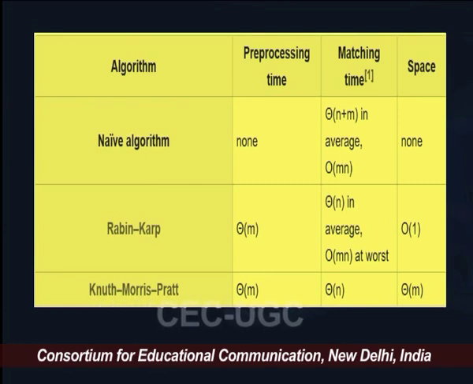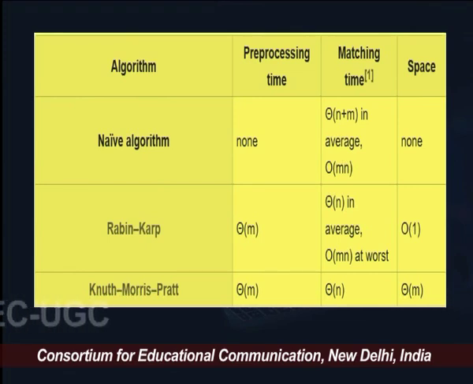For the naive string matching algorithm, we do not have any pre-processing time because no pre-processing act is involved, but in Rabin-Karp and in the Knuth-Morris-Pratt algorithm we have pre-processing involved.